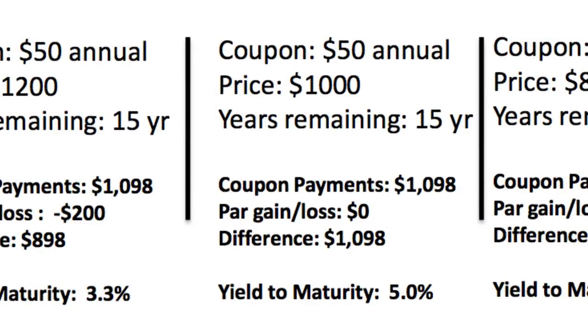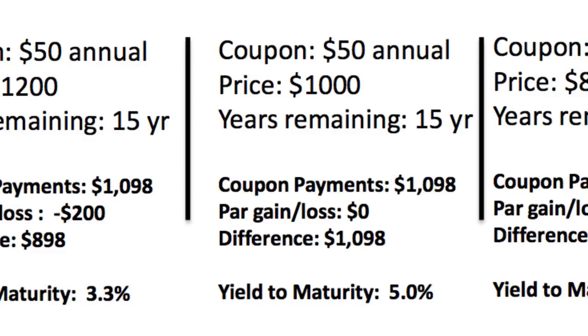So let's go to the second one. Let's assume that it's a $1,000 par bond. He bought it for $1,000. He's got 15 years remaining on it, and so the compound interest on those coupon payments would be the same thing, $1,098. But he has no gain or loss from his purchase price to the face value.